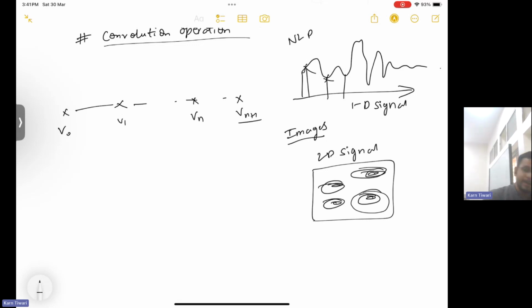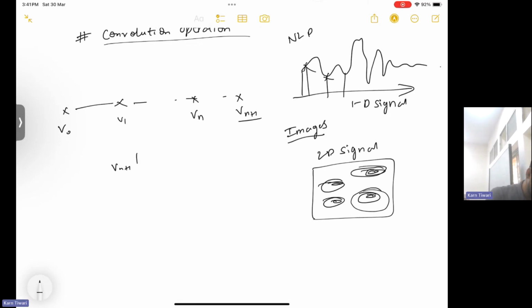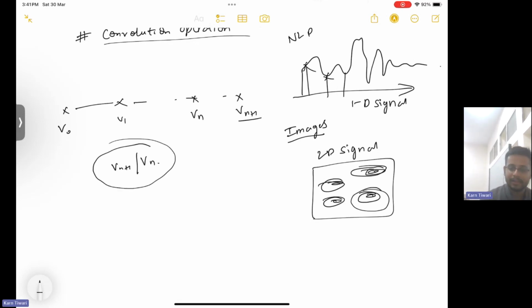And this n is a discrete time. So the question we are asking is, what will be Vn plus 1, given that we know Vn? This is the question we are initially asking.